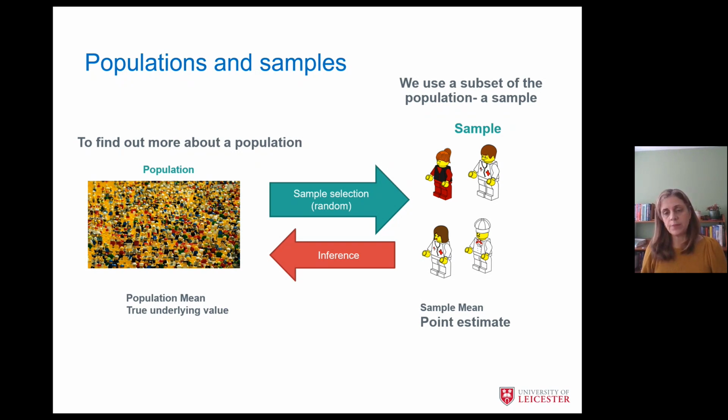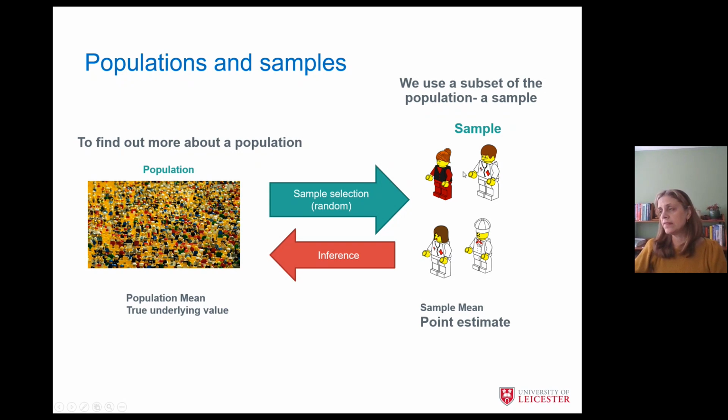But it's never feasible to look at a whole population with your research question. You're always going to be relying on taking a sample and using that sample to carry out tests or summarize your data, and then from those results you make inferences about the population.